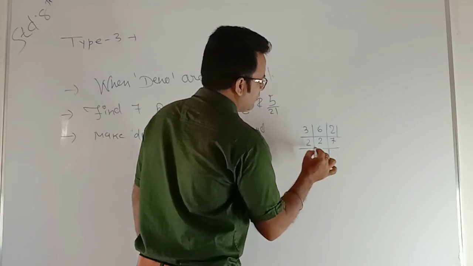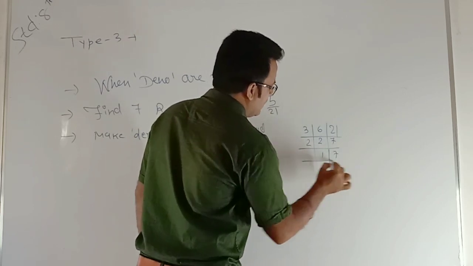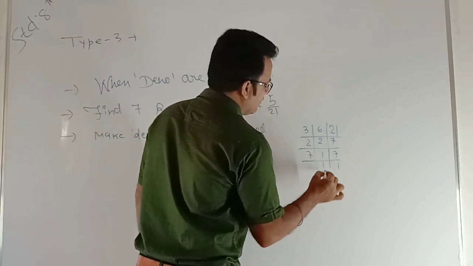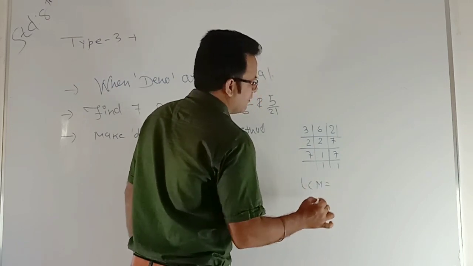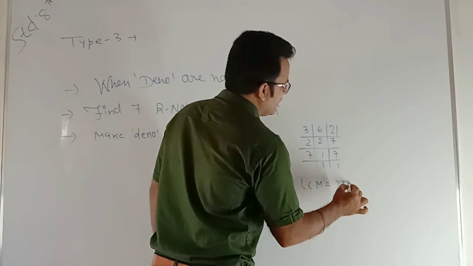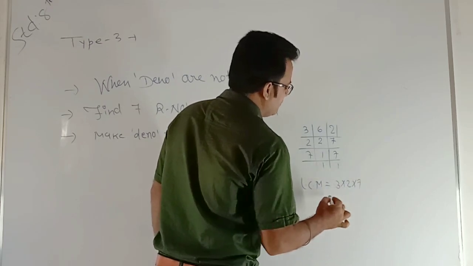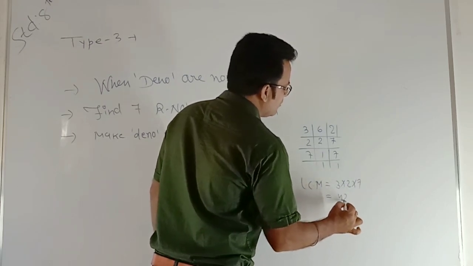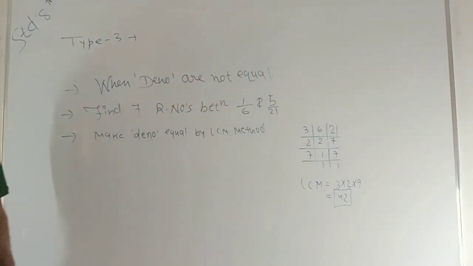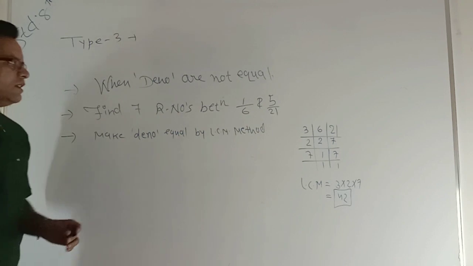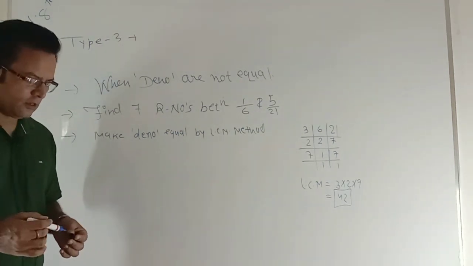Again with 2 1s are 2, and then 7 1s are 7. So your LCM will be 3 into 2 into 7 is equal to 42. Right? You have to remember, this is when the denominators are not equal.